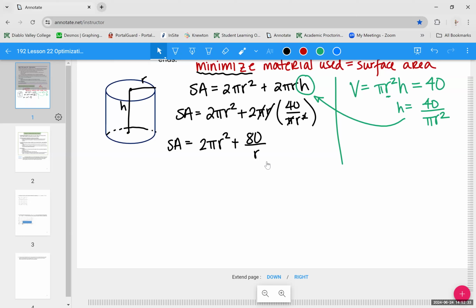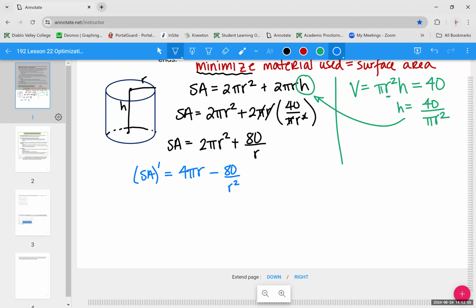And since I'm trying to minimize it, I'm going to take a derivative. With respect to r, that would be 4 pi r minus 80 over r squared, or r to the negative 2. And then I want to set that equal to 0.